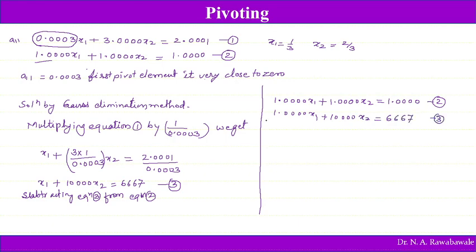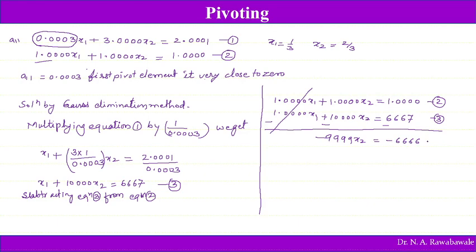So subtracting equation number 3, this becomes minus, this becomes minus, this is positive, it becomes minus. The first term gets cancelled, and 10,000 minus 10,000 plus 1 becomes 9,999, negative x2, which is equal to 6667 minus 1, this becomes minus 6666.